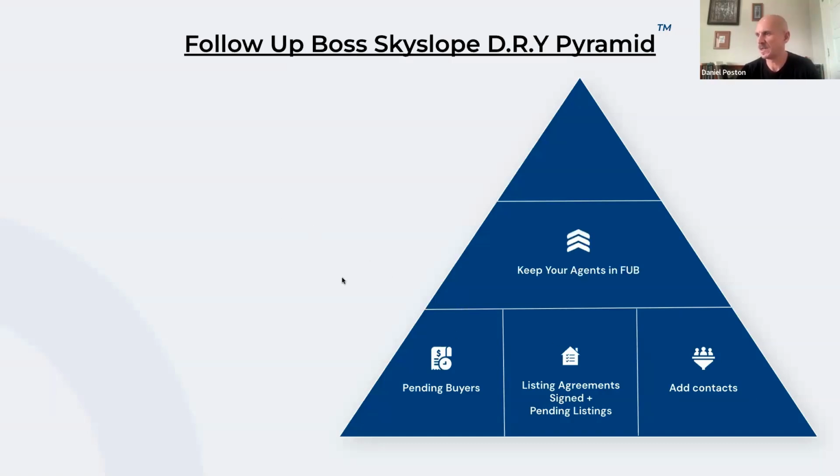The goal here is to keep your agents in Follow Up Boss, but we are also going to build a bidirectional sync, so when updates are made in Skyslope, it will flow back to the Follow Up Boss deal. I didn't mention that earlier, but when any of our forms are submitted, it creates the Follow Up Boss deal or updates it to the next stage in the transaction. That Follow Up Boss deal will be synced to the Skyslope entity, so when updates are made to Skyslope, it can sync that data back into Follow Up Boss and vice versa.